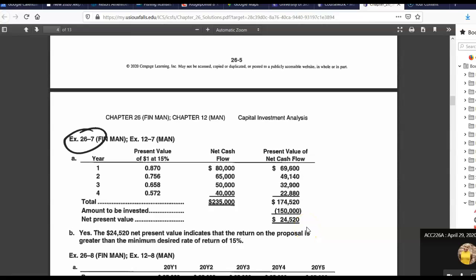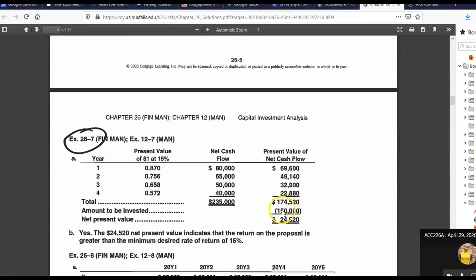So letter B, it just asks, would management likely be, yes. Why? Yes, because it's a positive 24,000, which means based on our hurdle of 15%, we got there.